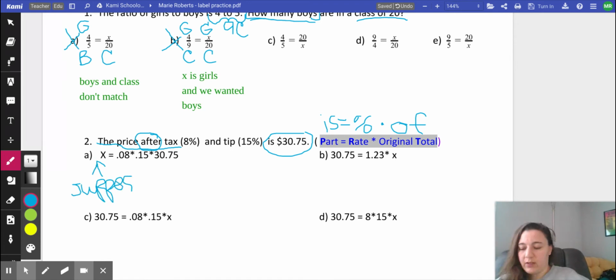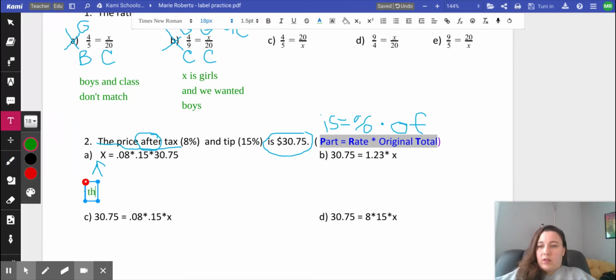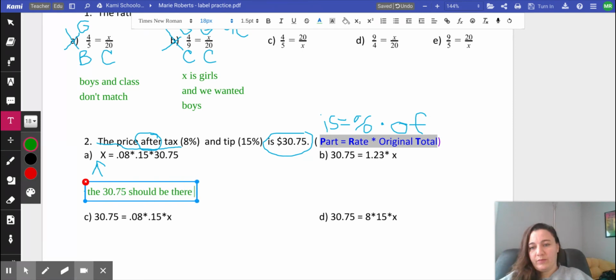let me type it. The 30.75 should be there, where X is. So I already know it's wrong.